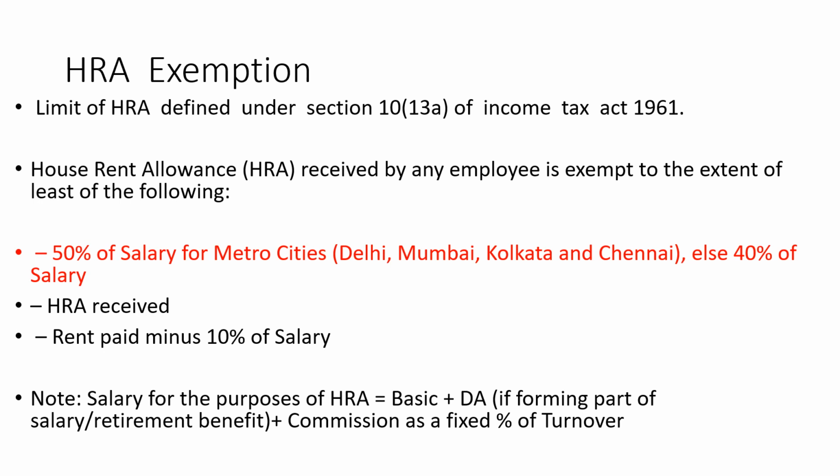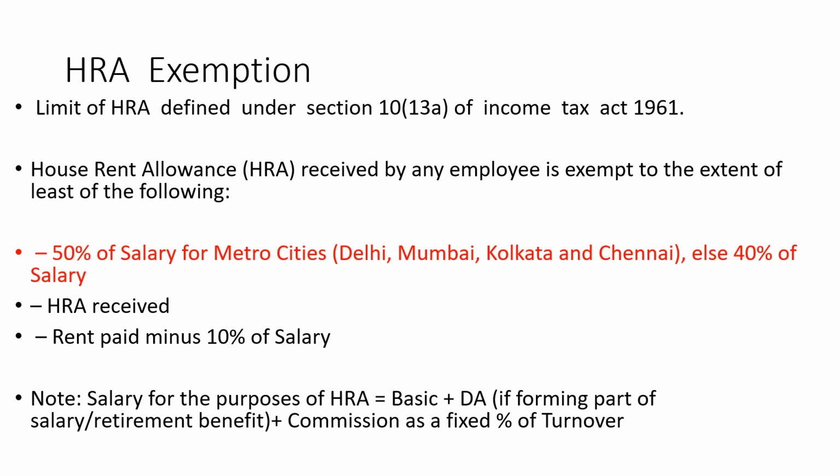As per Section 10(13), the least of the following three will be exempted. The first is 50% of salary for a metro city, and the metro cities defined under the Income Tax Act are Delhi, Mumbai, Kolkata and Chennai.